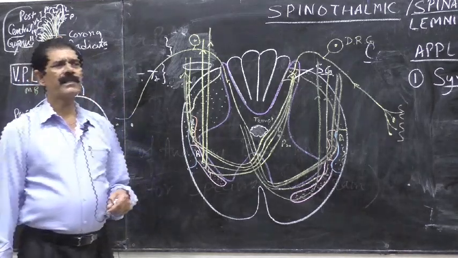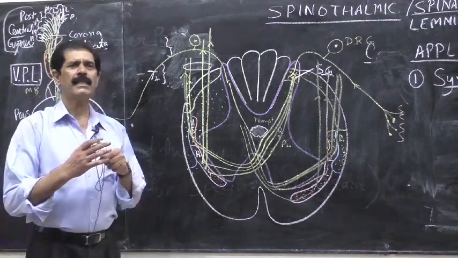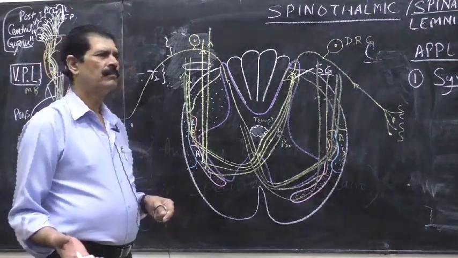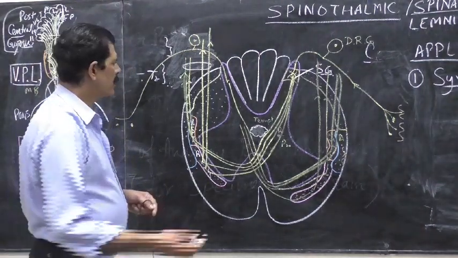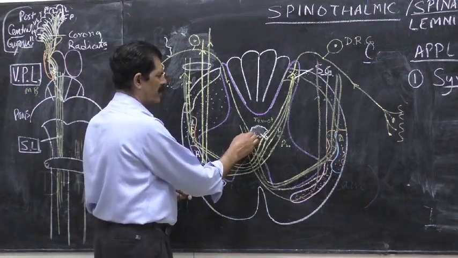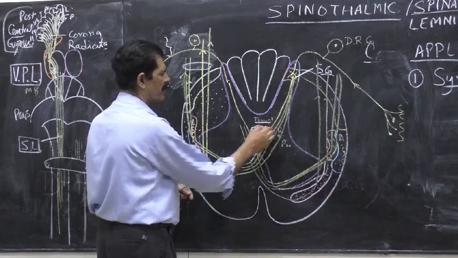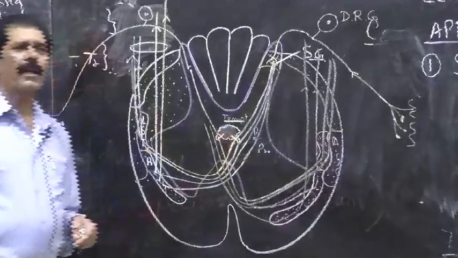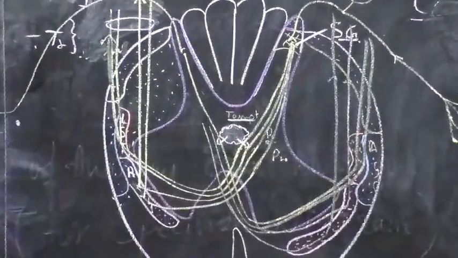So due to the destruction of the central canal, what happens? Central canal starts dilating or increasing in size. Whenever this occurs, first of all, the pain fibers and temperature fibers, which are lying in close vicinity of the central canal, are pressed.